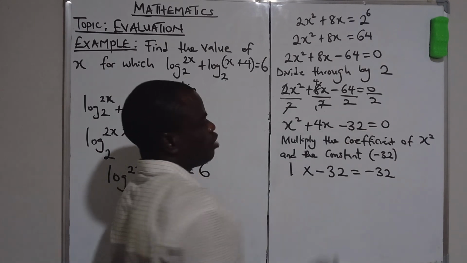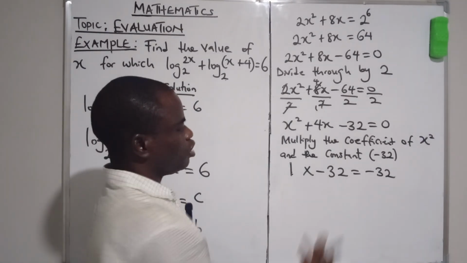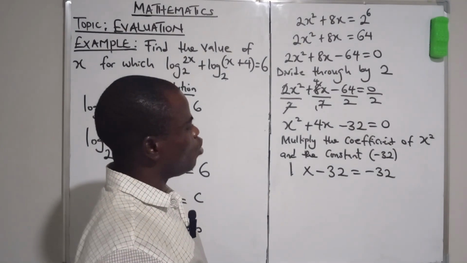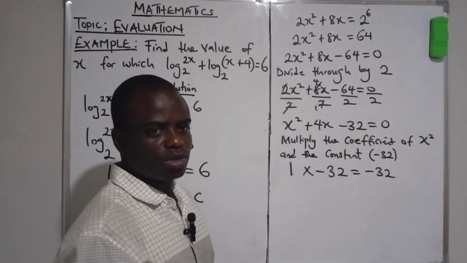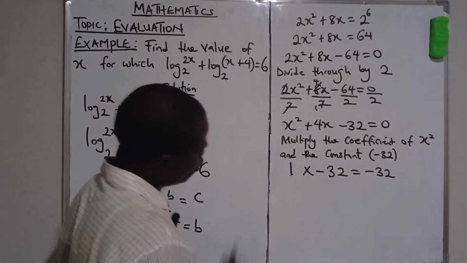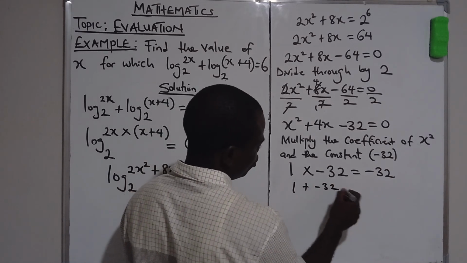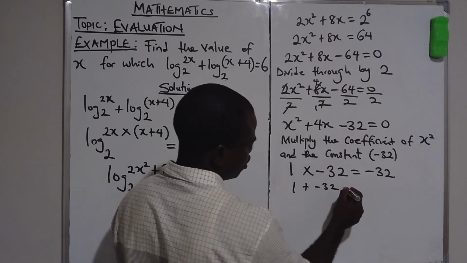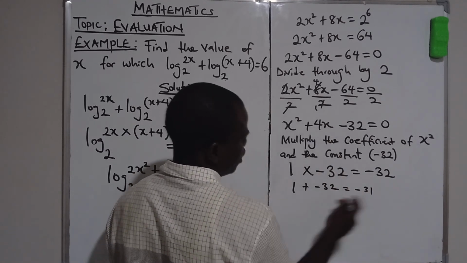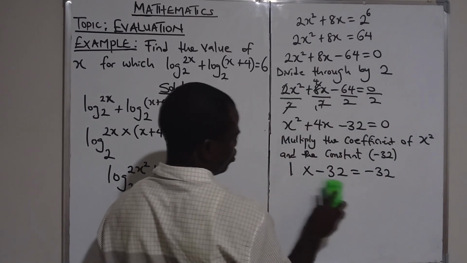You have 1 times minus 32 equals minus 32. You now think of two numbers that when you multiply them together, it will give you minus 32, and when you add those two numbers together, it will give you plus 4x. If you go ahead by writing 1 plus minus 32, when you add this together, it will give you minus 31, and that is not what we have here. That's why this one will not go.